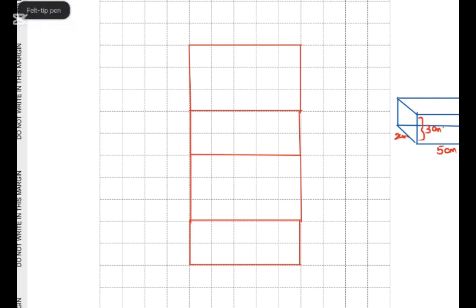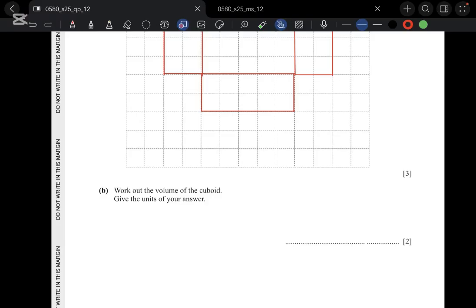So my face will be like this, 3 and 2. So this is the net of the cuboid. This is done. Question number A is done.